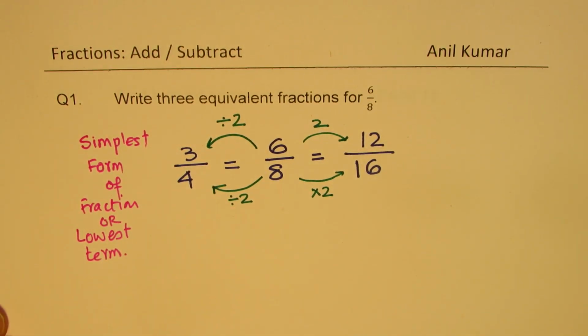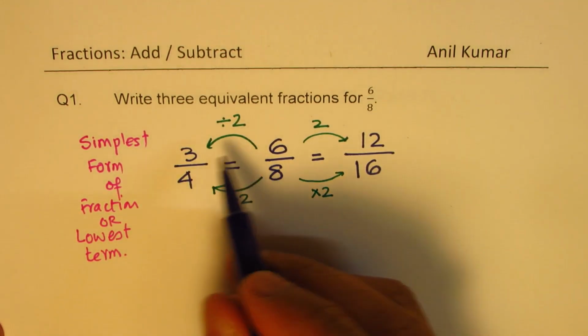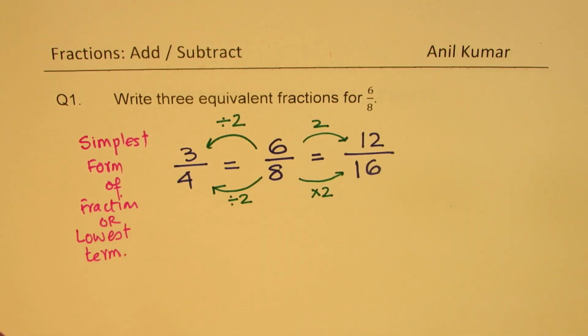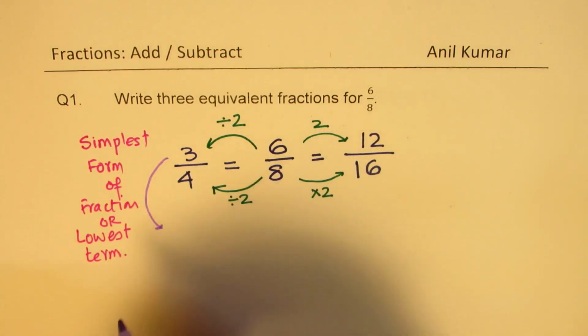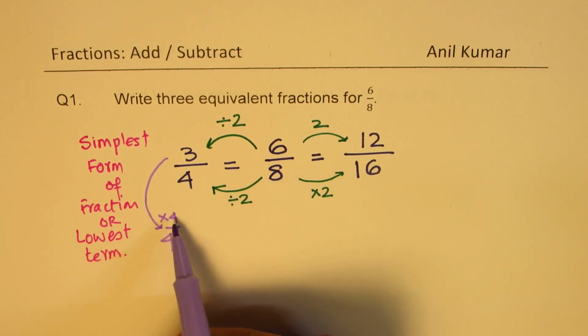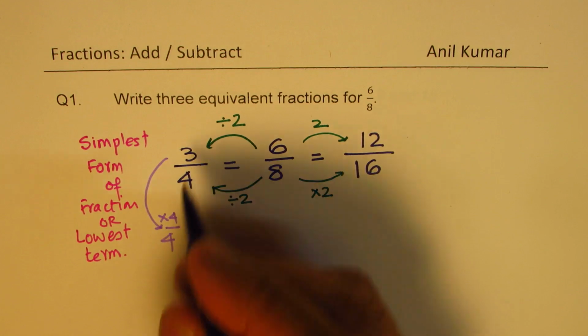Now to get equivalent fractions, you can actually get to the lowest term and then also you can multiply and divide to get higher numbers, right? For example, now if I multiply both by 4, so we do times 4 over 4. I mean to say multiply numerator by 4 and also denominator by 4. Then what do we get?